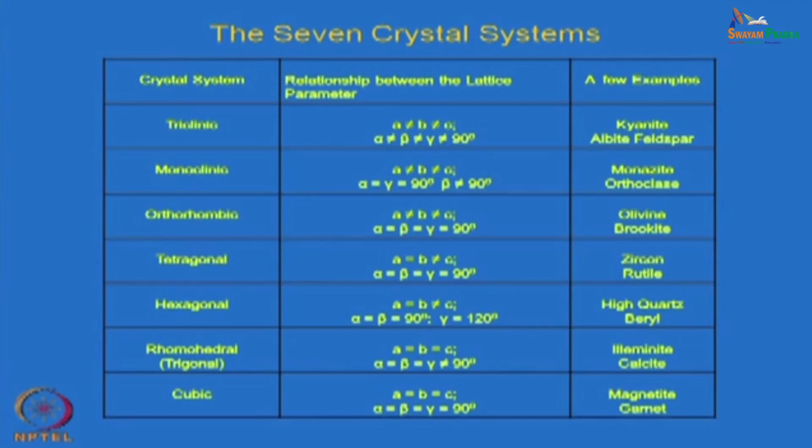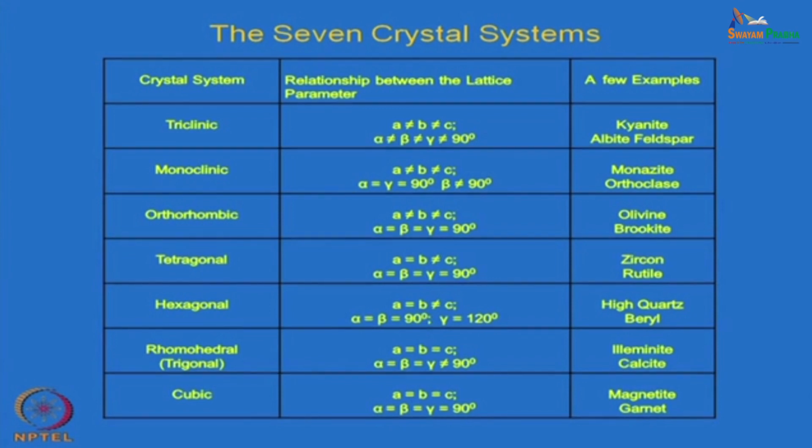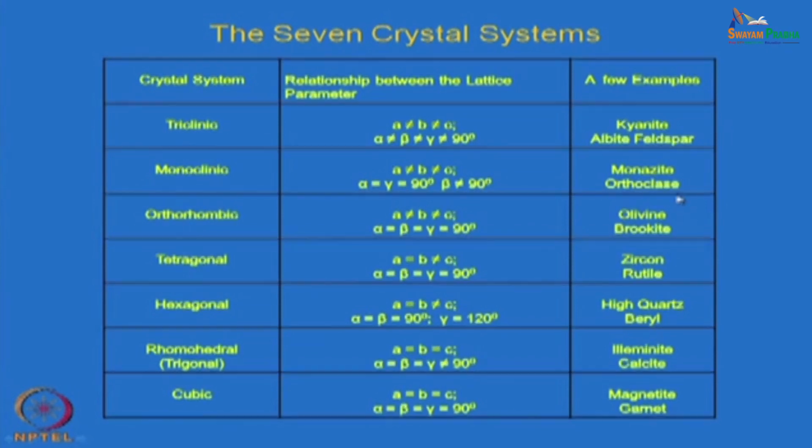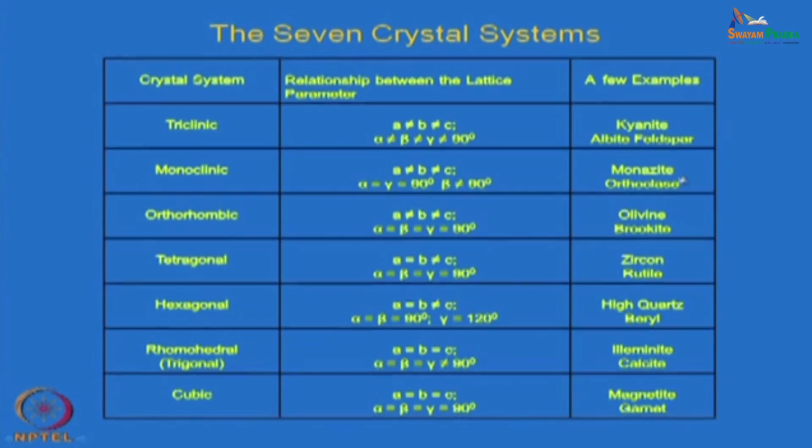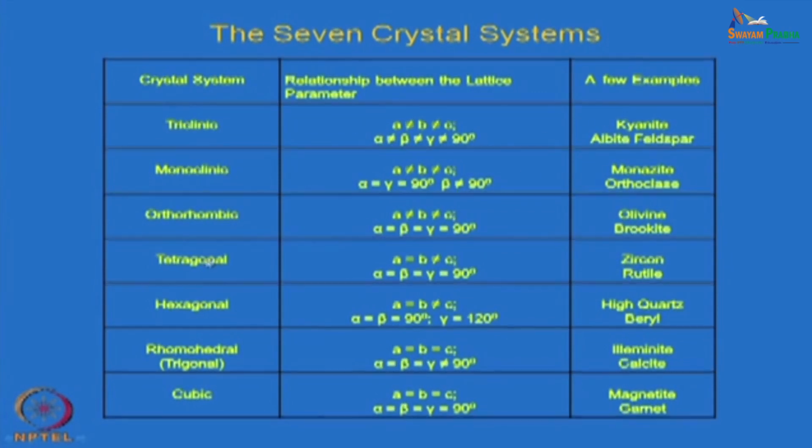So, that is the relationship between the axes as well as the angles in the monoclinic system. And the two most important examples are what we call monazite. Monazite actually is a mineral which contains thorium phosphate, okay, and orthoclase is a silicate. Okay. So, these have a monoclinic structure.